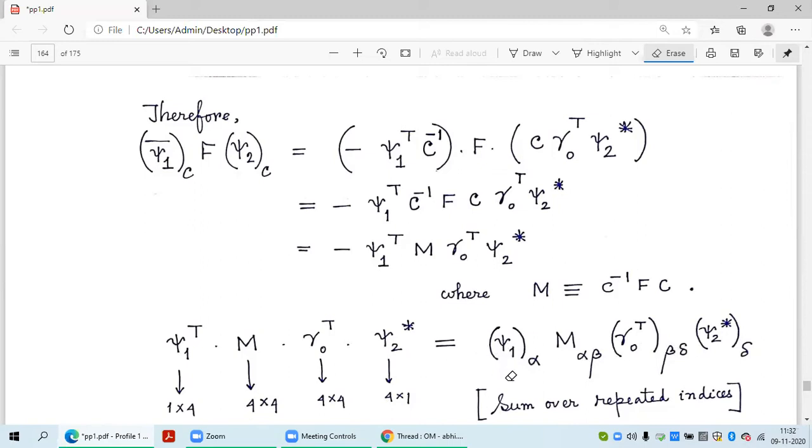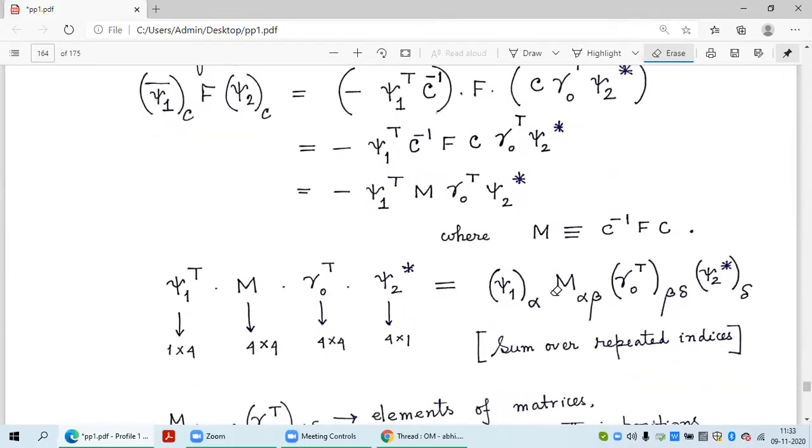Not 16. 4 cubed, which is 64, because there are 3 sums, each running from 1 to 4.